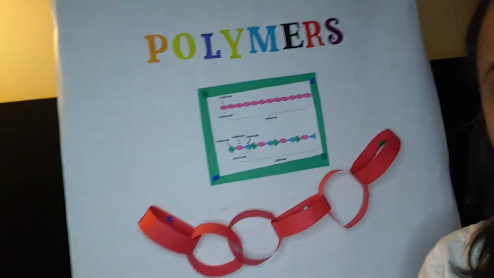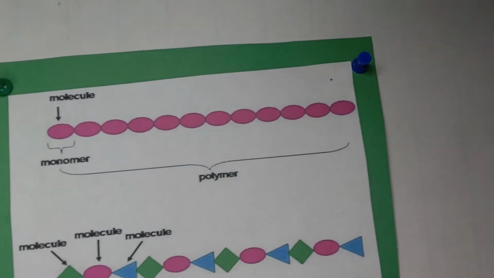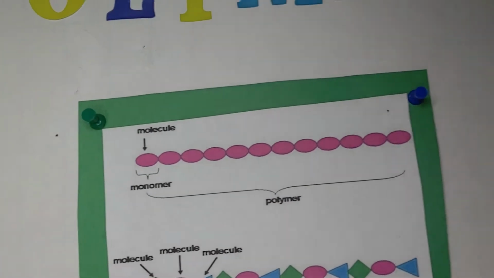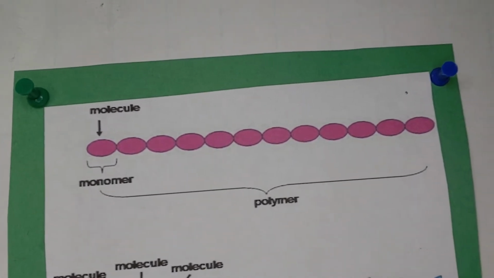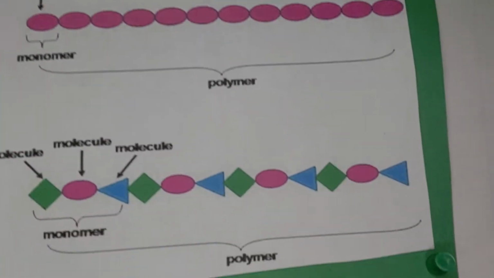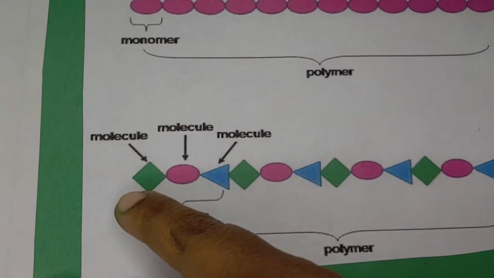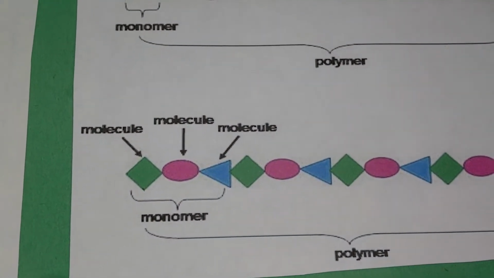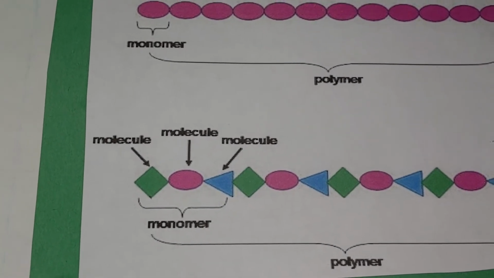If you take a look at the board here and the image that I have, you will see that the polymer is basically made up of smaller units called monomers. And the monomers are made up of the molecules, as I mentioned before. So maybe two or three small molecules can bond together and be called a monomer.